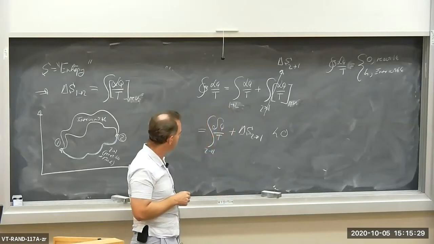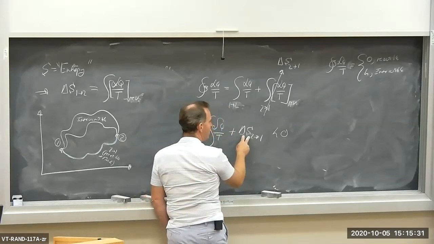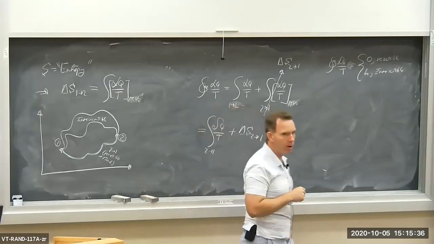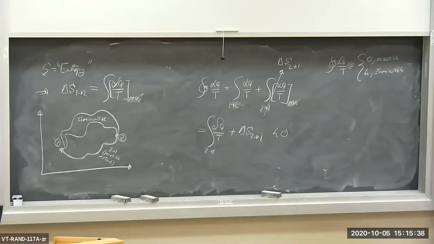Now, I'm going to take delta S from 2 to 1 and put it over on the other side of the inequality.